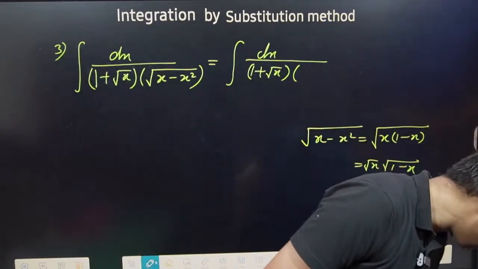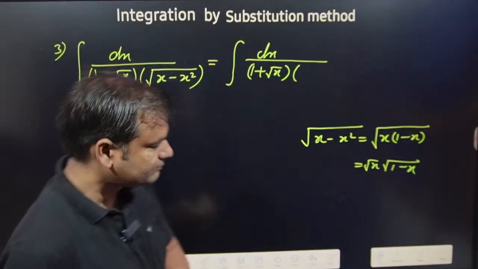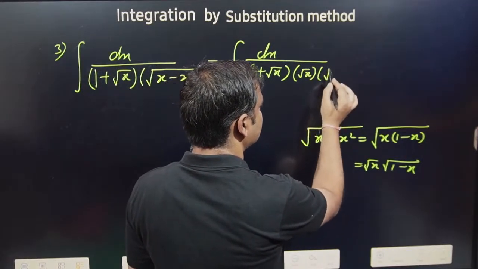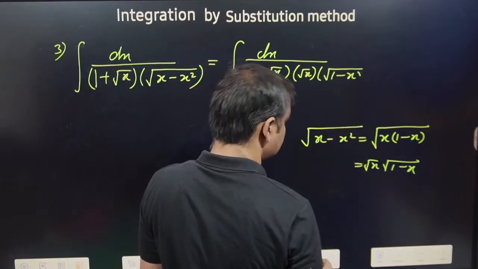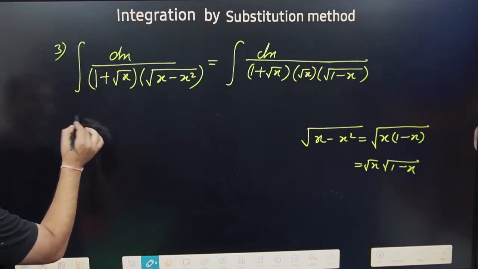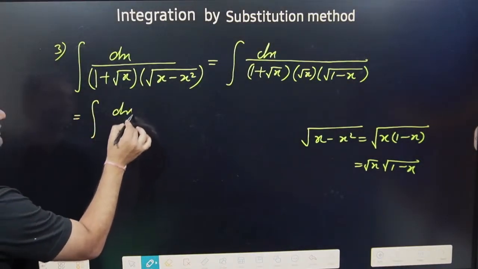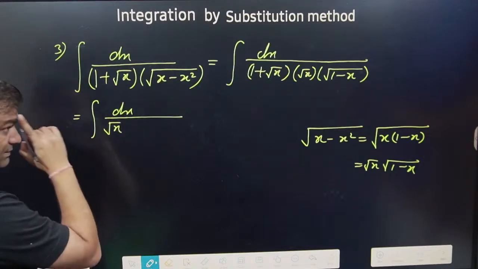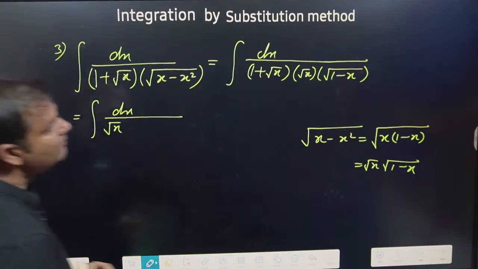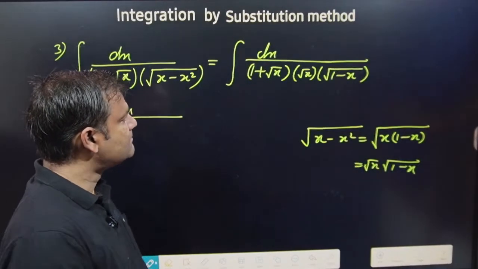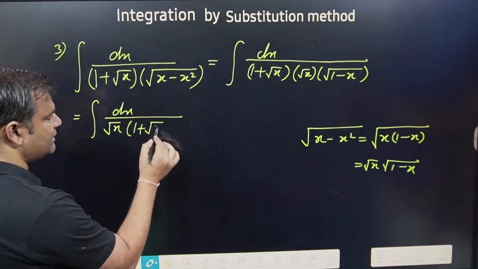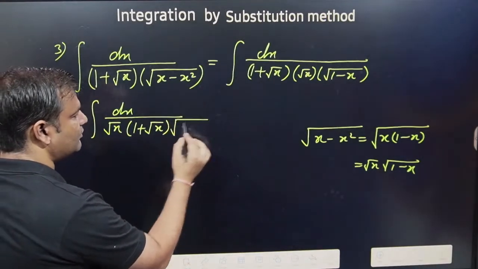So we write dx divided by root x into 1 plus root x into root 1 minus x.